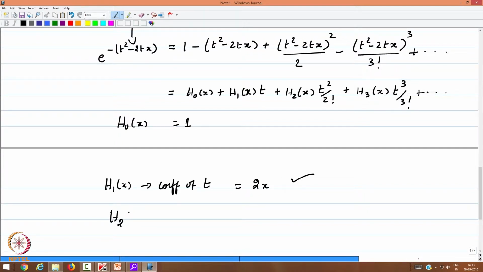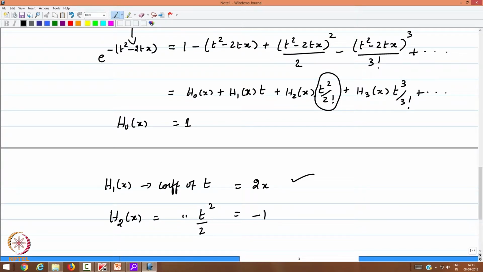h2 of x is the coefficient of t square, and now you have the coefficient of t square from the first term, namely minus 1, and you have the coefficient of t square from here, which is the term 4t square x square. That is what you would get. Let us do t square by 2, that is what we need, isn't it? Coefficient of t square by 2. So, if we do that, this 2 goes away.